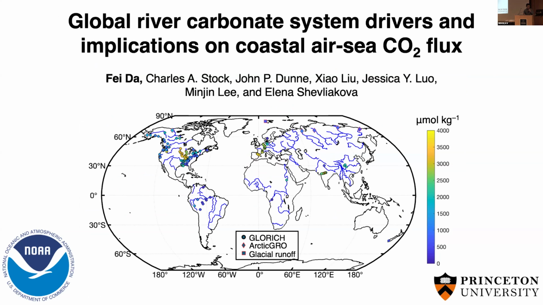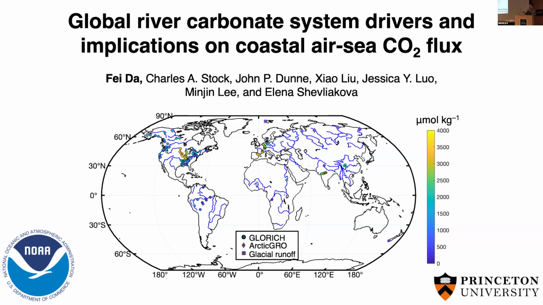So the next couple of minutes, I'm going to talk about the drivers of the global river carbonate system and the impact of river DIC and alkalinity on coastal air-sea CO2 flux estimates from a global model. One of the motivations of our study is that many global models used in CMIP5 and CMIP6 don't really have a realistic river DIC and alkalinity input.